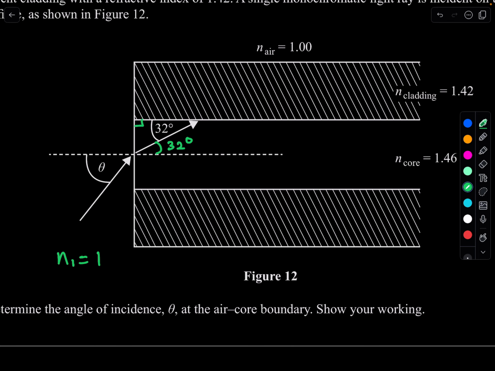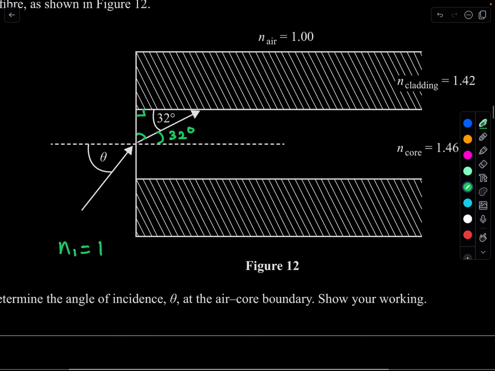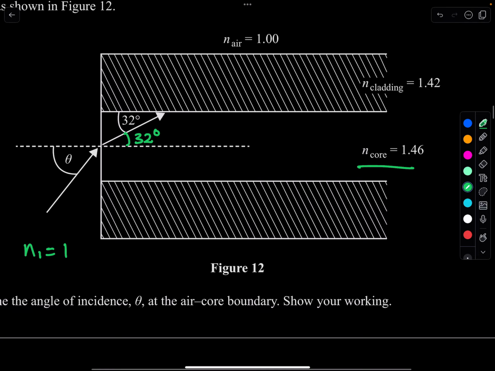If this is 90 degrees here, and this angle must be 58, since 180 minus 90 minus 32 is 58. And 90 minus 58 gives me 32. So we have proved that this angle here must also be 32. Done.